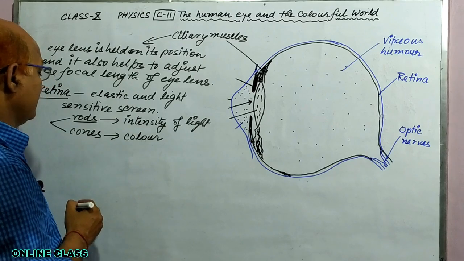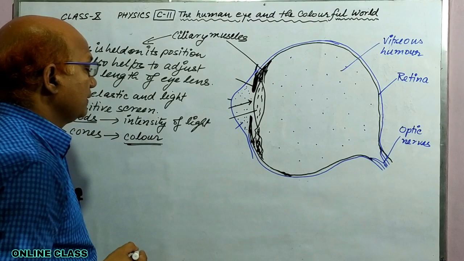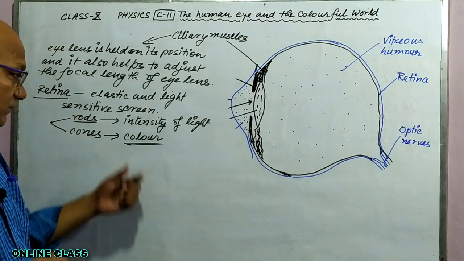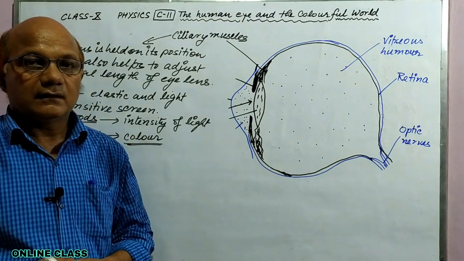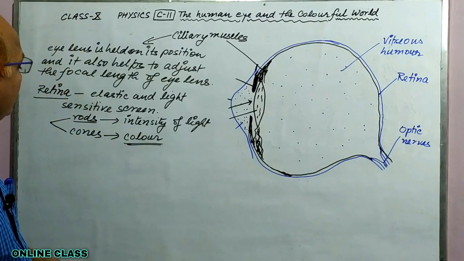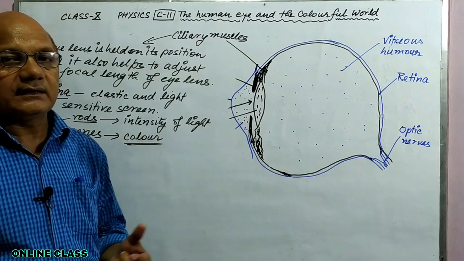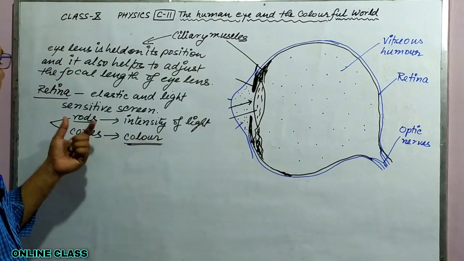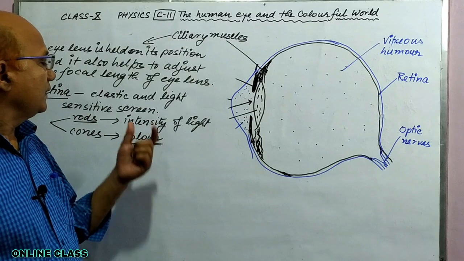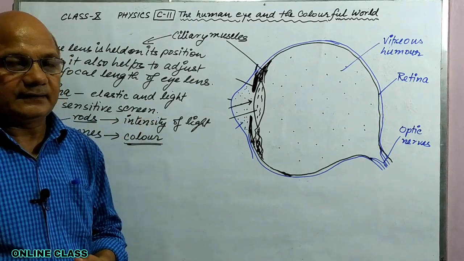Okay. With the help of cones, we can see different colors of object. So, cones help to see the different colors of object, and rods help in the intensity of light.